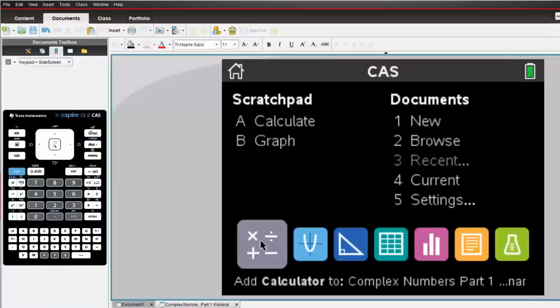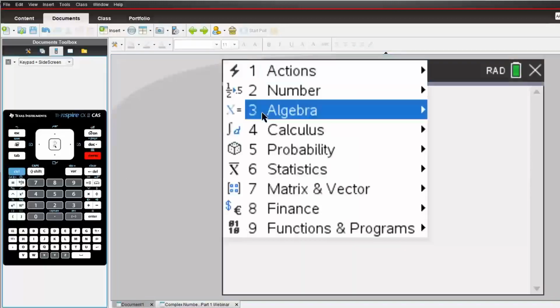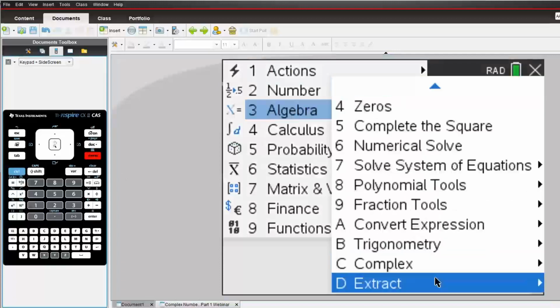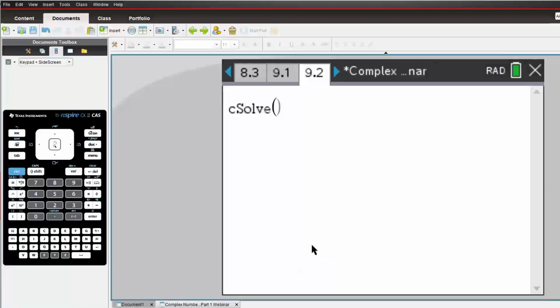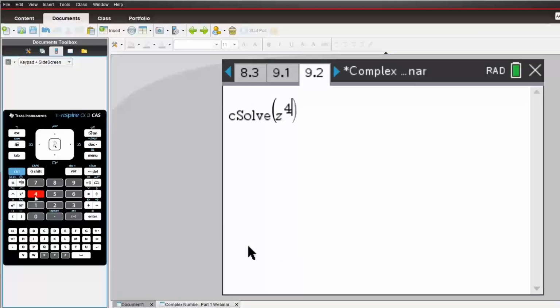C-solve, menu algebra, we go to complex numbers and we do C-solve, and the equation is z to the power 4 is equal to minus 1.